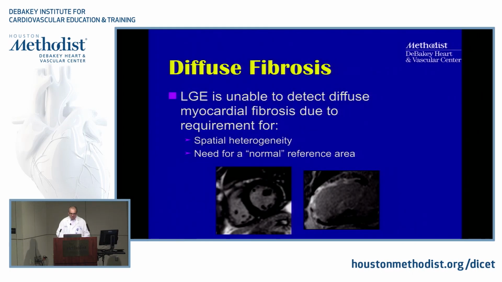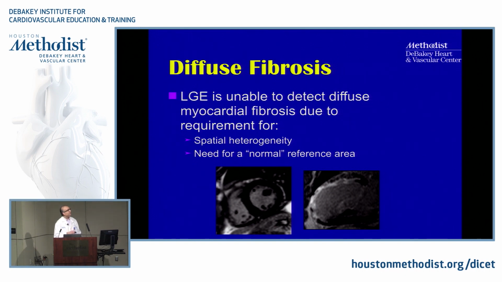Now, the question though becomes, what about when you have patients who have very diffuse interstitial myocardial fibrosis, so that there's no normal region? Because the challenge with the late enhancement technique is you need to have a normal reference area that you null, and then you're looking to see if there's a relative increase in contrast compared to a normal area.